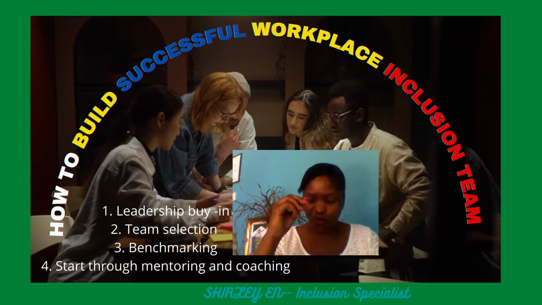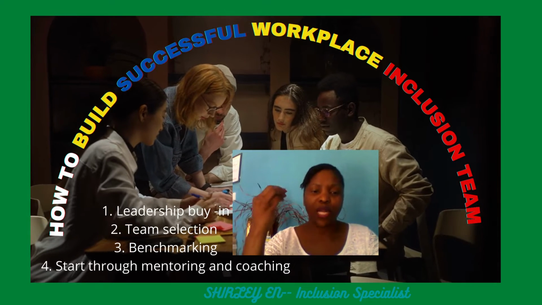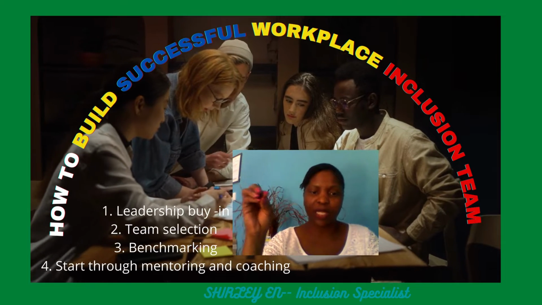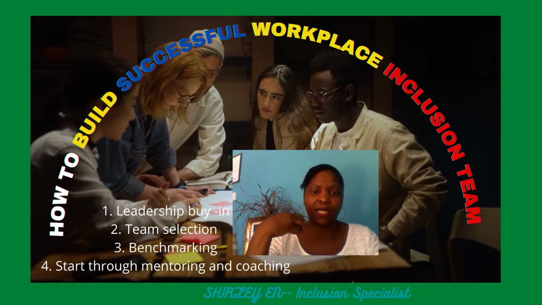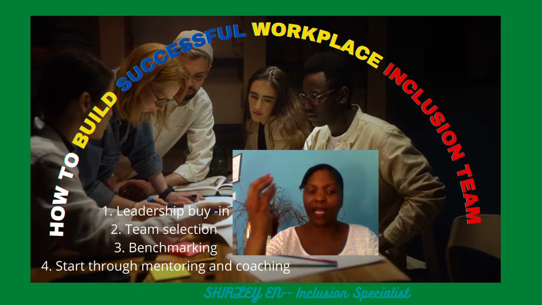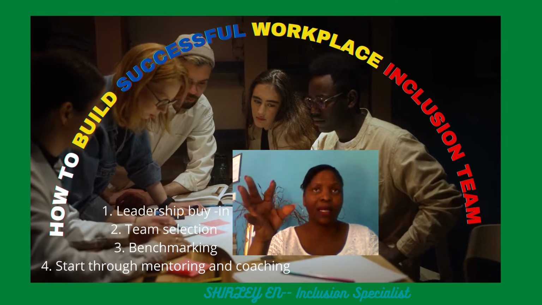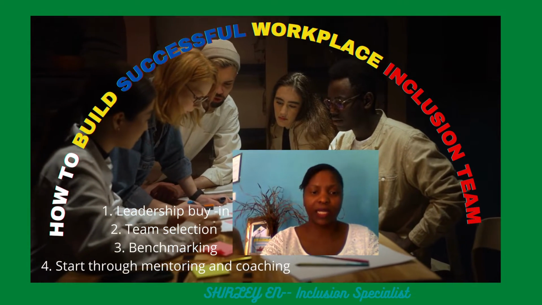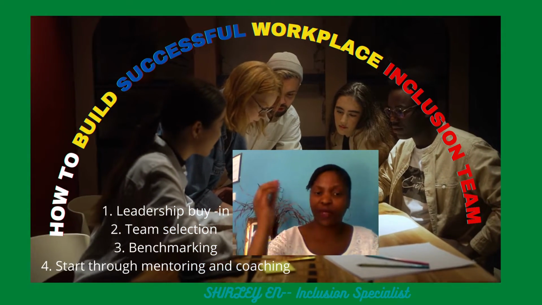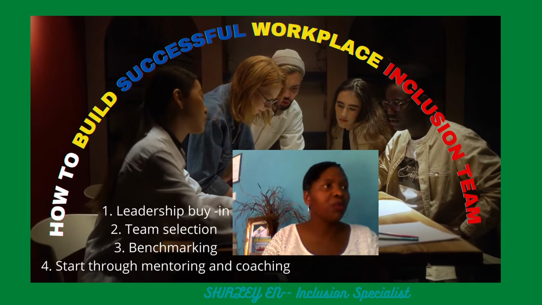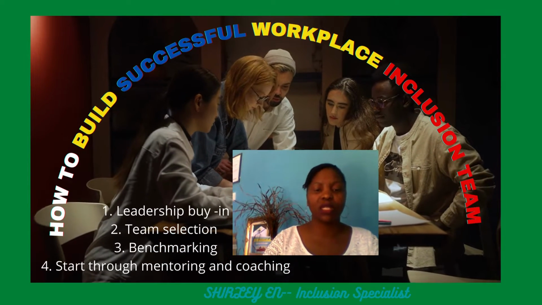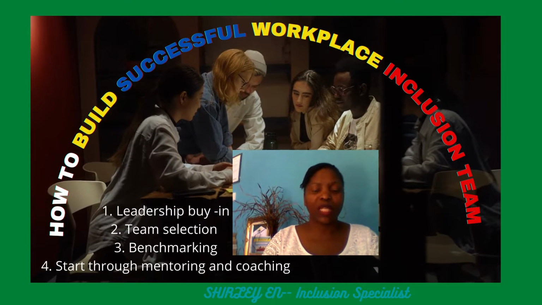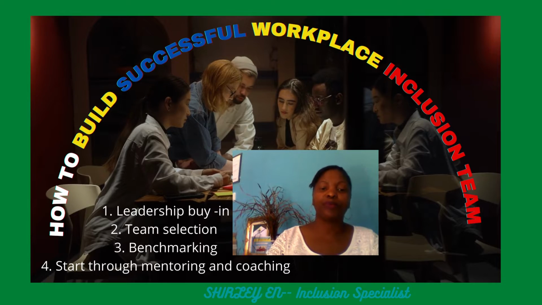Now, the second step that you would do is to start selecting the people that you need within the team. You might use the guidelines if there are any. Like in terms of education, you would have what you call the learner support guidelines. Unfortunately, I don't have that copy, but I know that in the Ministry of Education, there was that guideline which shows who are the people that you need to include in that team.